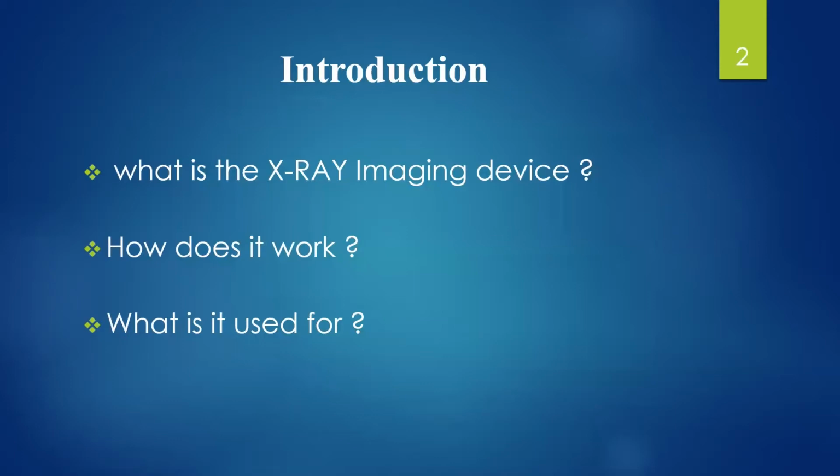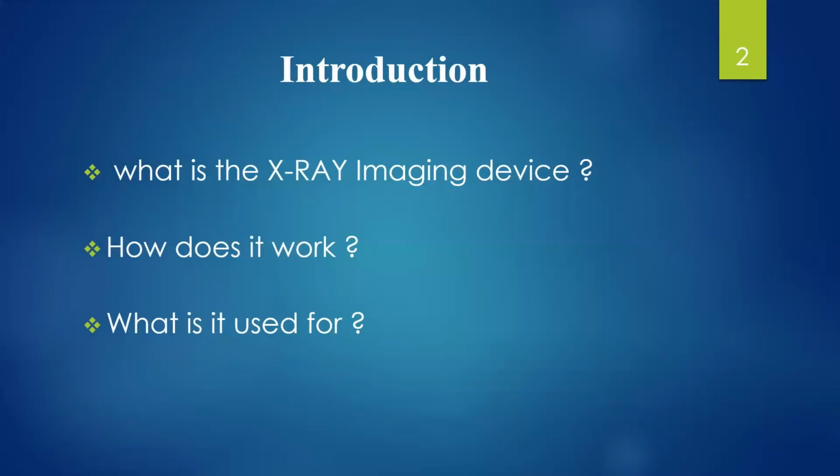Firstly, what is the X-ray imaging device? How does it work, and what is it used for? The X-ray device is one of the most important pieces of radiology equipment, an integral part of the equipment used in modern medicine.